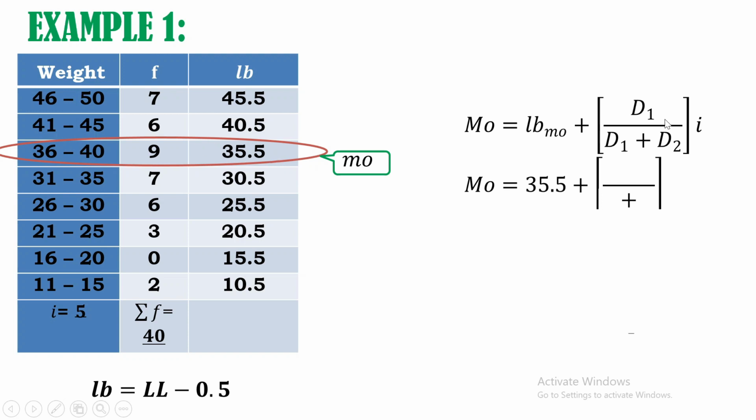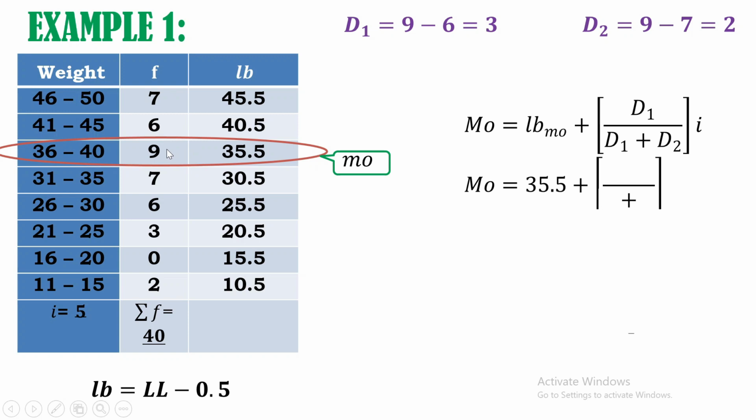Now, for D sub 1, we subtract the frequency of the next upper class from the frequency of the modal class. So D sub 1 is equal to 9 minus 6, we have 3. For D sub 2, we subtract the frequency of the next lower class from the frequency of the modal class. So we have 9 minus 7 equals 2.